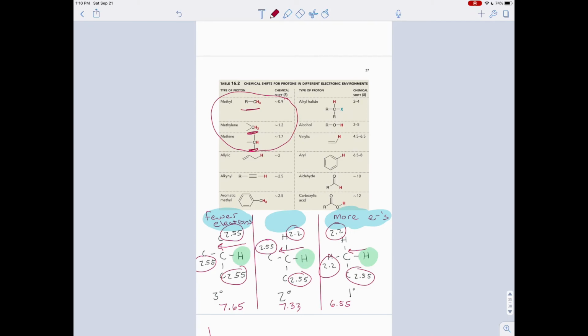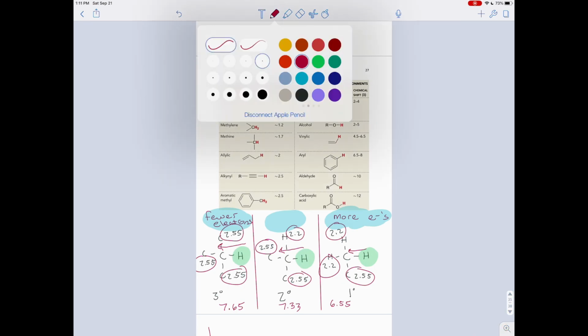The carbons are ever so slightly more electronegative than the hydrogens, and so there's less electrons around those hydrogens. Those electrons oppose the external magnetic field less, so they feel a stronger field and it's harder to get them to flip. You need more energy to get them to flip. So that's the rationale behind those first three.